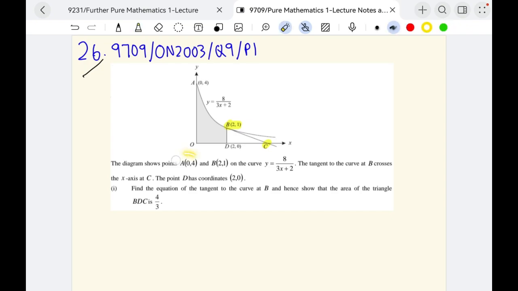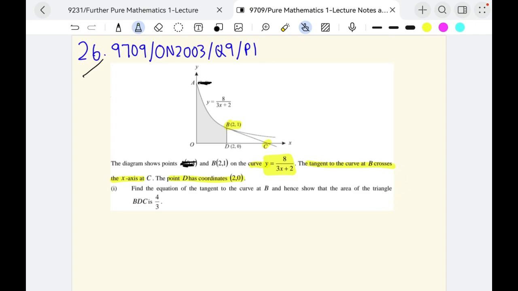Why does it still show the A? Because this question might mix with integration. You may just ignore it, because we haven't involved integration yet. So highlight the equation of the curve as well as this statement. Point D is very essential because this coordinate will be used for the calculation of the area of the triangle.